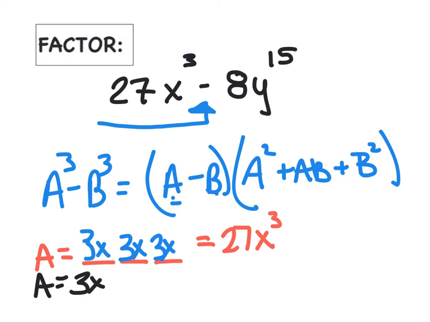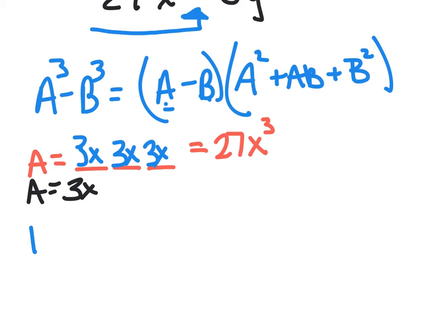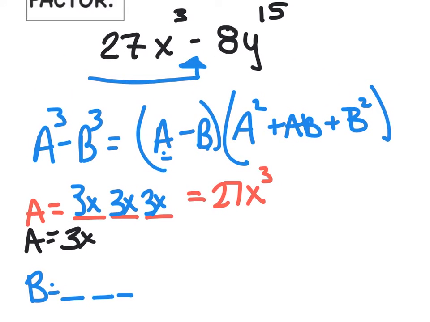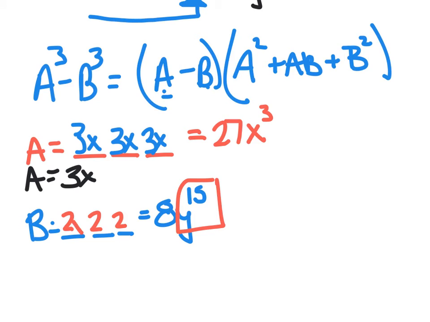Let's do the same with the b value. What times what times what is 8y to the 15th. Okay, so let's start number-wise. Hopefully, you're going 2 times 2 times 2. Gets you 8. Now, y to the 15th is going to be y to the what power gets me y to the 15th?